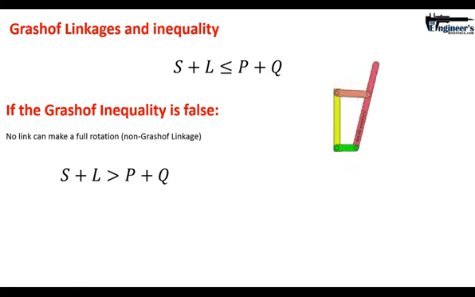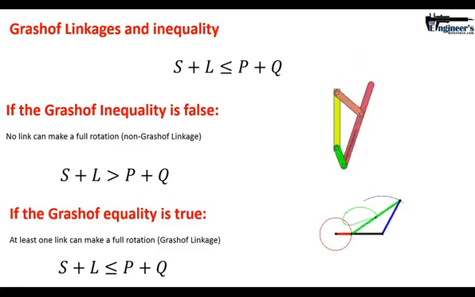Now, if we look at Grashof and see his inequality is true, then you have what's known as a Grashof linkage. That is saying you will see something make a complete rotation. Of course, this other linkage here, this particular blue one, is making a reciprocating motion back and forth, which is actually a pretty important concept.